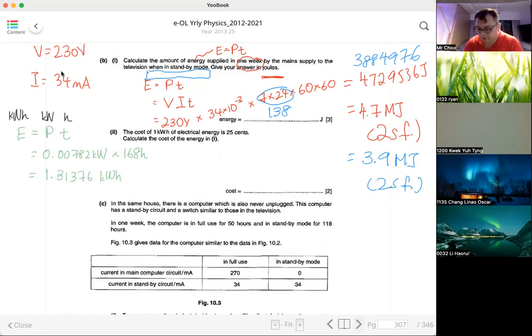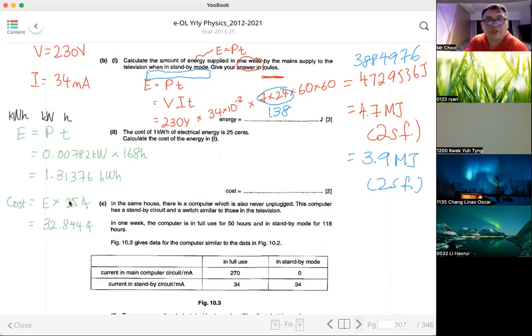So what is the cost? Cost will be energy multiplied by 25 cents. So can you do that? This multiplied by 25 cents, you will get 32.844 cents. Is that clear?